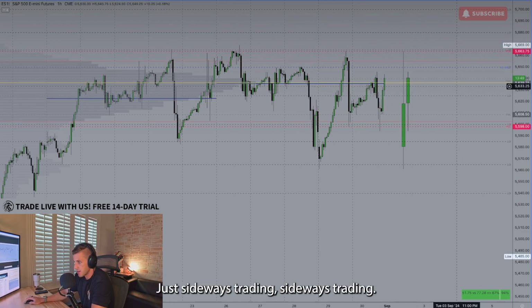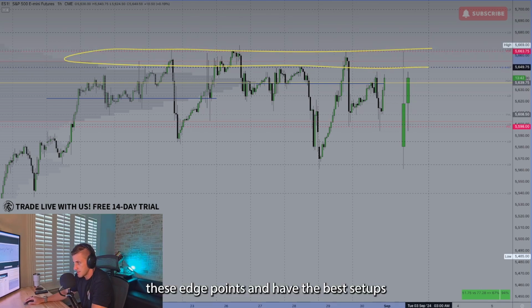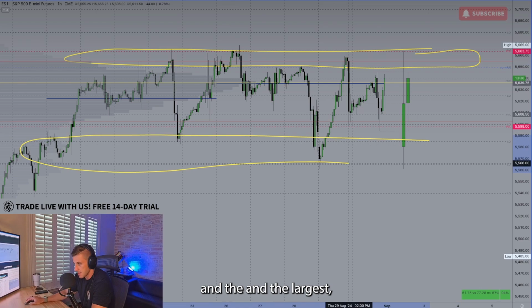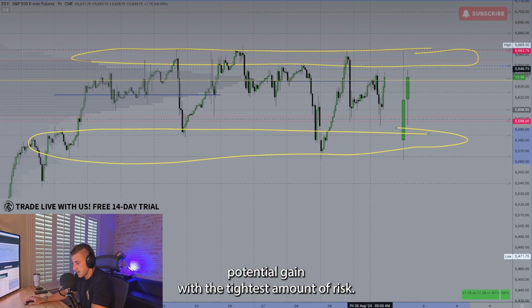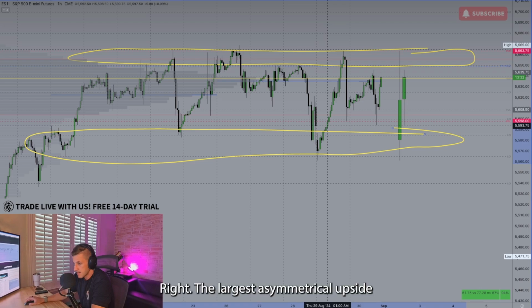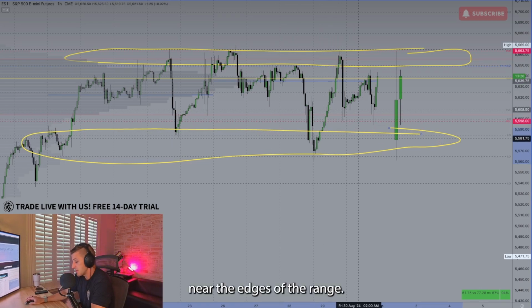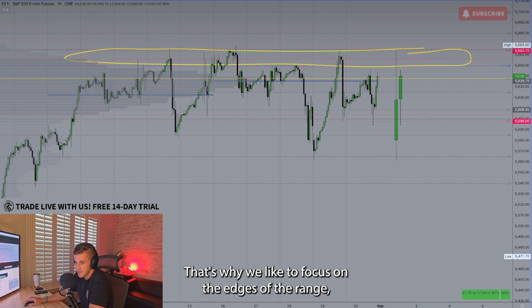Just sideways trading. And so as always, the best opportunities are going to be near these edge points. You're going to have the best setups and the largest potential gain with the tightest amount of risk, right? The largest asymmetrical upside near the edges of the range. That's why we like to focus on the edges of the range.